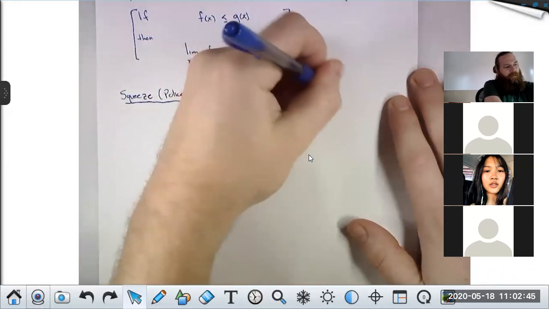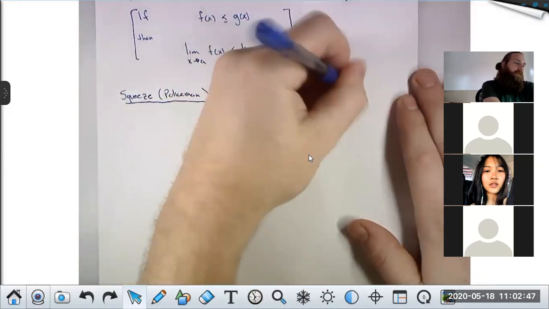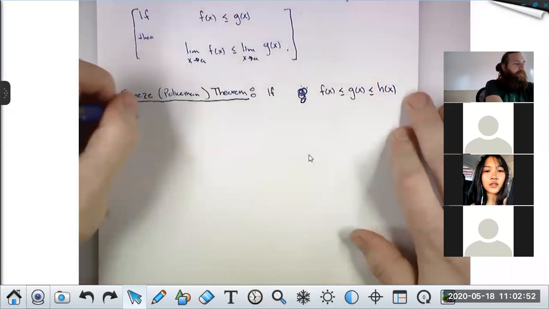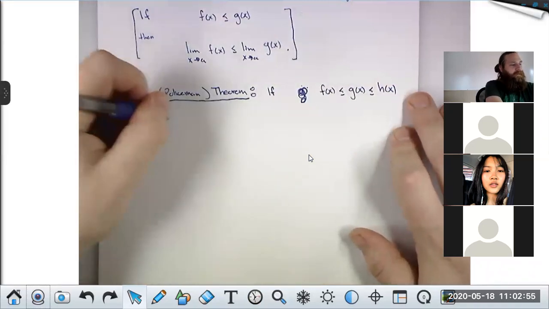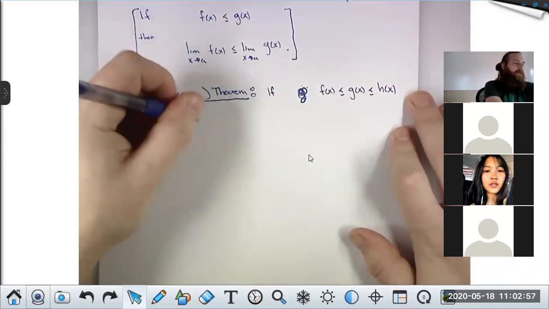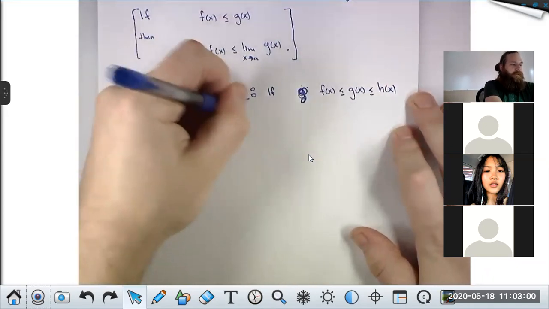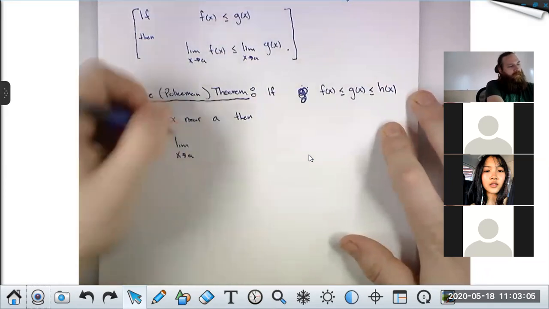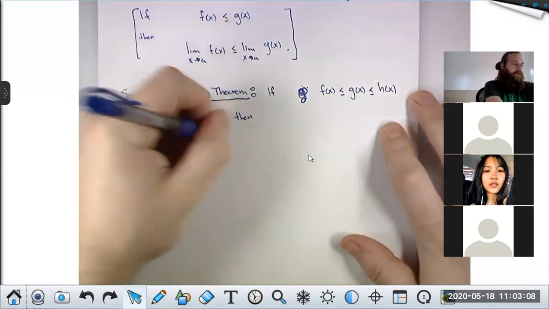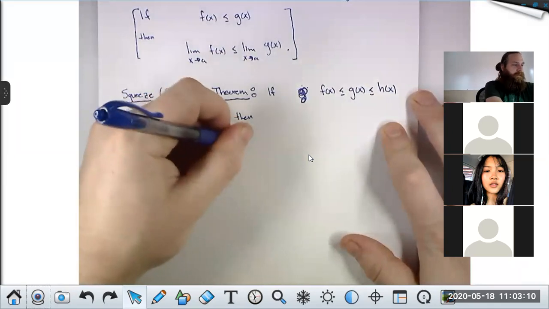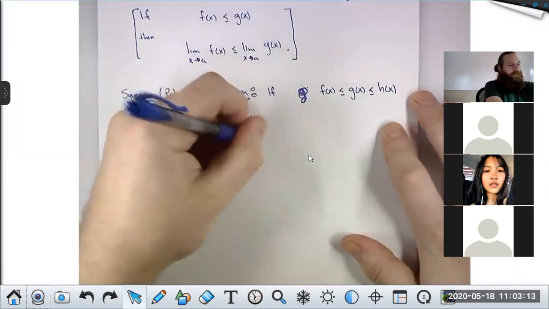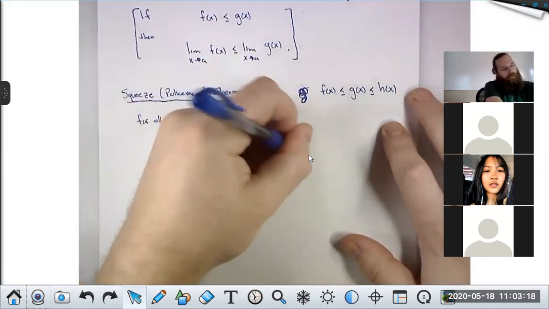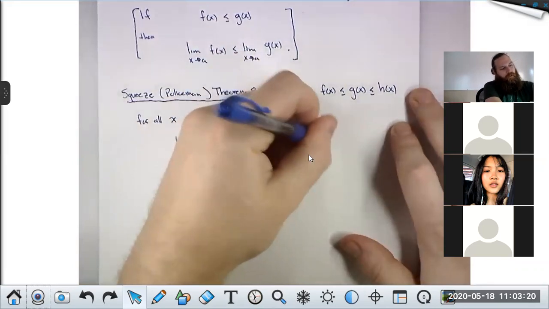If f of x is less than or equal to g of x is less than or equal to h of x for all x near A, then the limit as x goes to A of f of x is less than or equal to the limit as x goes to A of g of x is less than or equal to the limit as x goes to A of h of x.